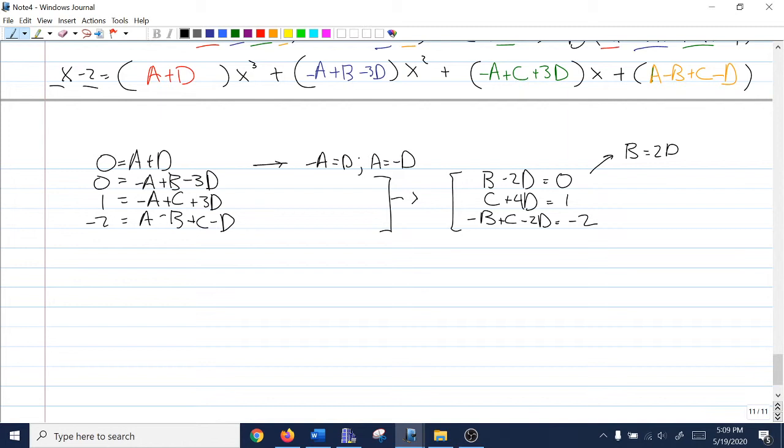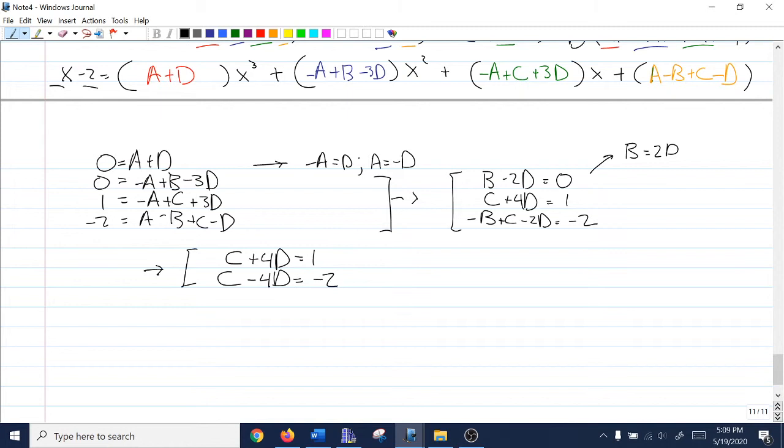Once I run out of zeros, I'm going to be doing elimination the rest of the way. Replacing b with 2d, the first row became the rule that I'm using to rewrite the last two rows. My last two rows become, the first one stays the same, c plus 4d is 1, there's no b to substitute. This negative b becomes negative 2d, and another negative 2d makes negative 4d. c minus 4d equals still negative 2.